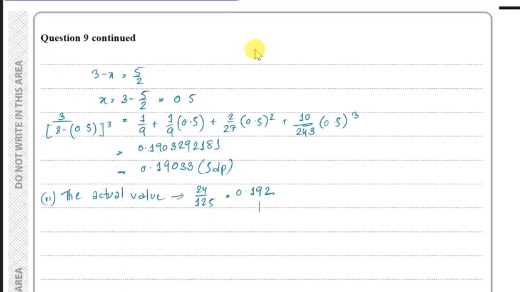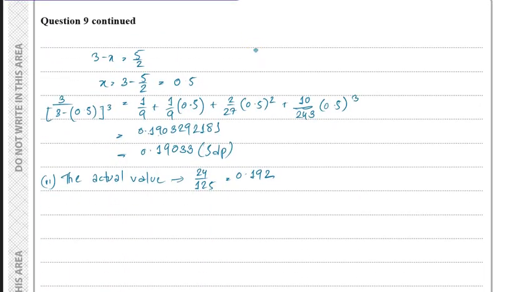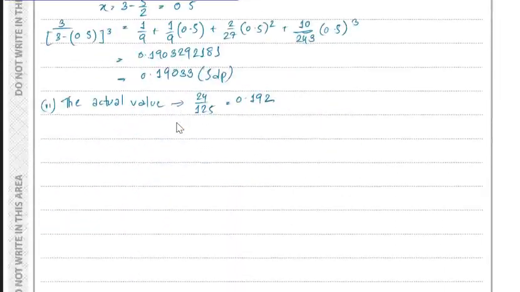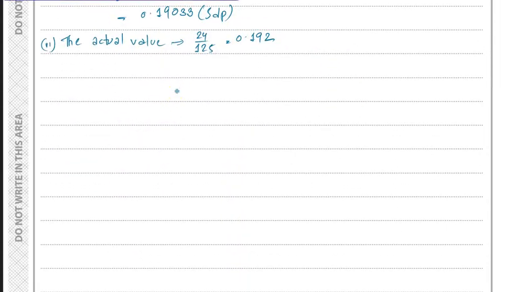But what we got was 0.19033 by actually assuming that 3 by 3 minus x to the power 3 will be equal to 24 by 125. So we assume that.